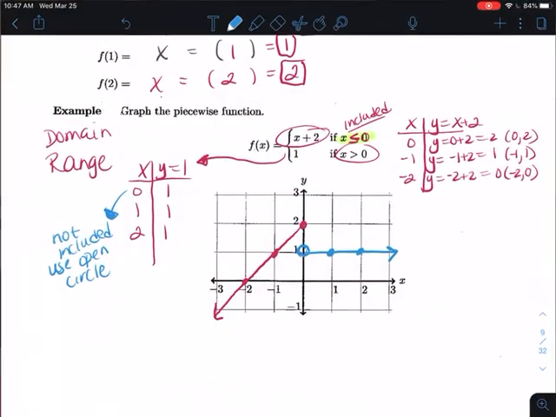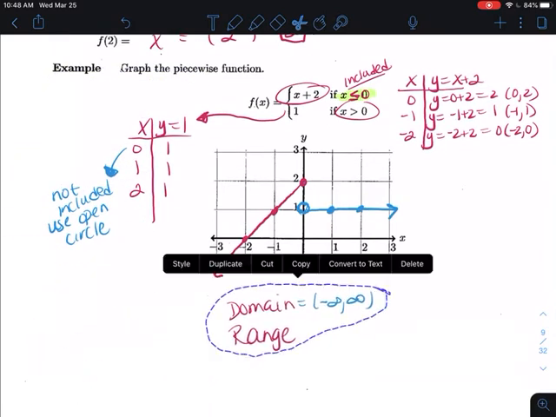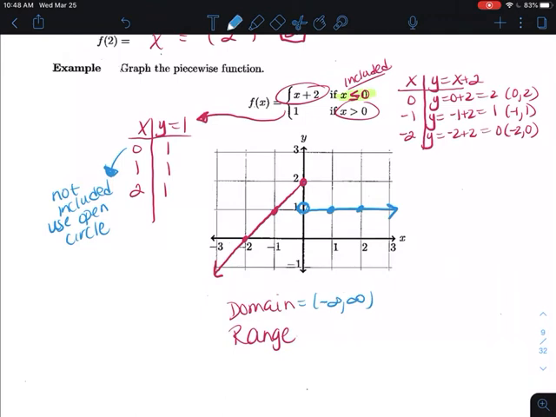Let's talk about the domain and range of this. All right, so if you look at this graph, the domain, this graph stretches from negative infinity to positive infinity. So negative infinity to positive infinity. All right, the range. The lowest to highest y value.